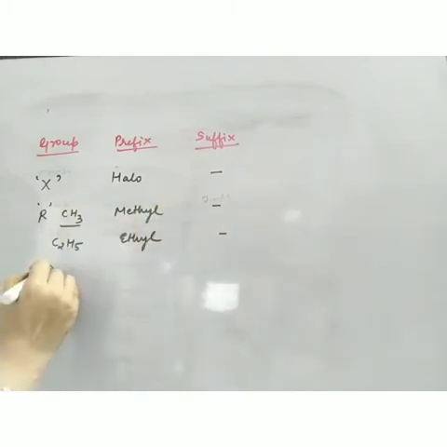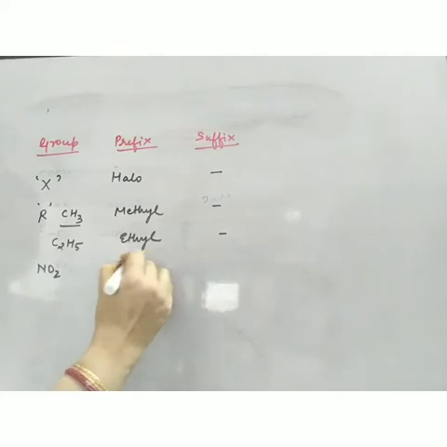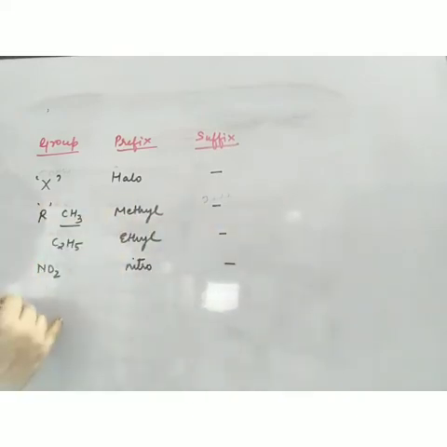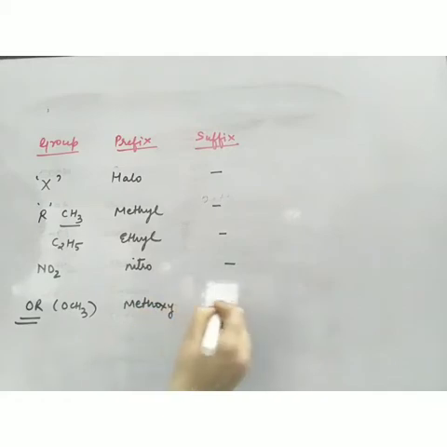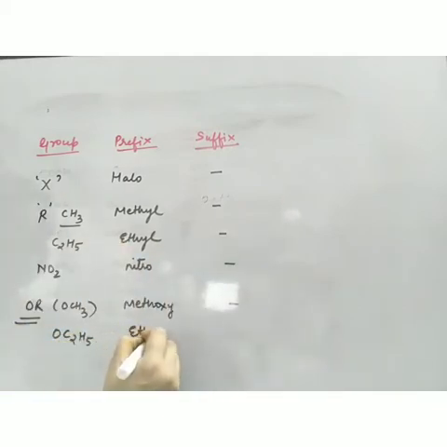Then the NO2 group is always given the prefix nitro, no suffix. Likewise, we can have OR also. Suppose I have OCH3, then it is written as methoxy. Suppose it is OC2H5, then it is written as ethoxy. So these have only prefixes, they do not have any kind of suffixes.